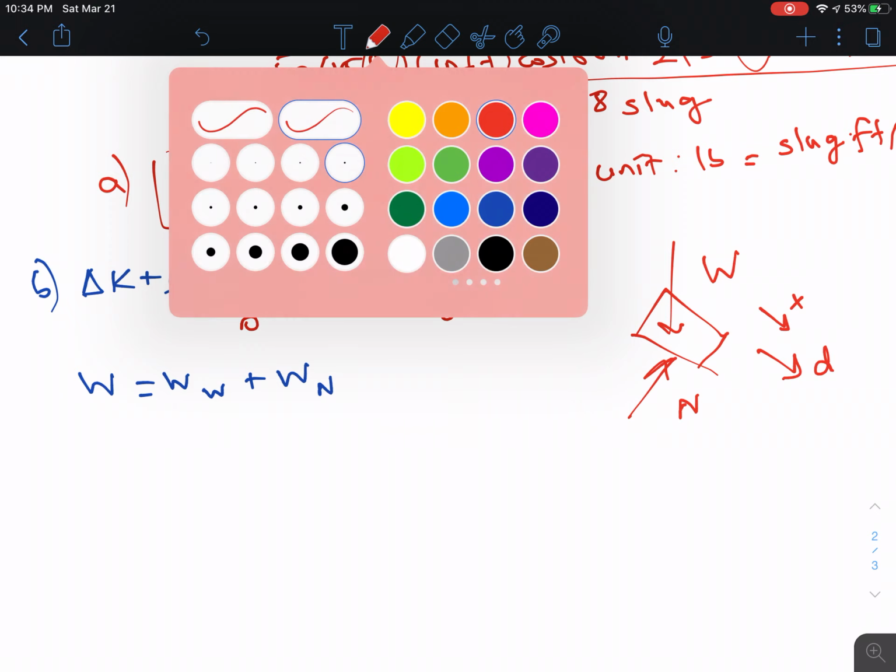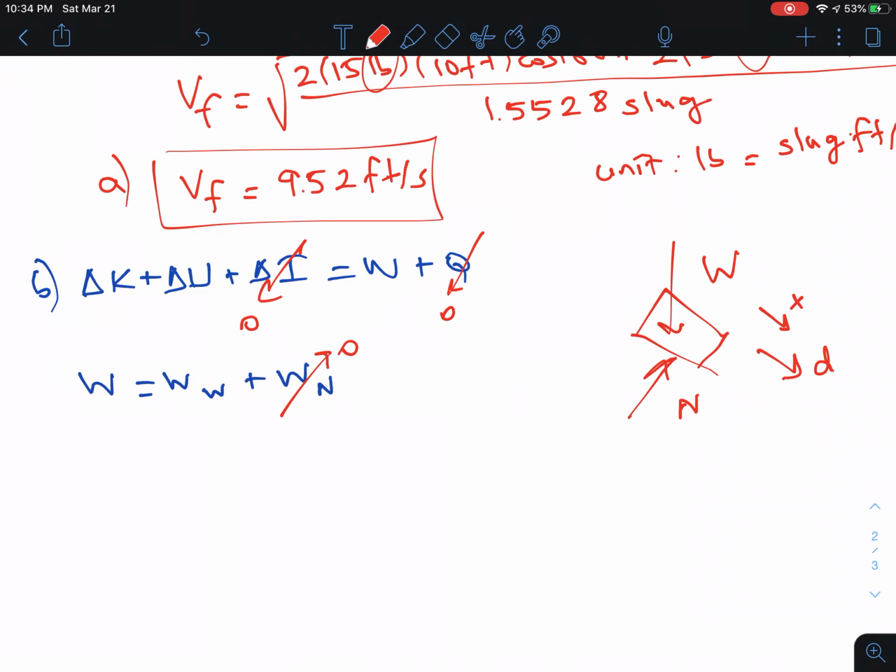We already know normal force does not do work, and we already explained why. N and d are perpendicular to each other, and the weight force is already accounted for in delta U, right? So this is going to go to zero as well. We're not going to keep that. This means the total work is going to go to zero. So if I write the energy conservation equation again, delta K plus delta U equals zero. There's nothing else left, as it shouldn't be, right?